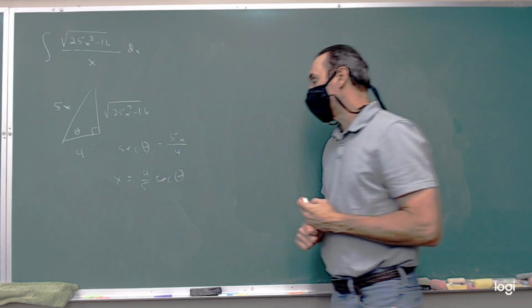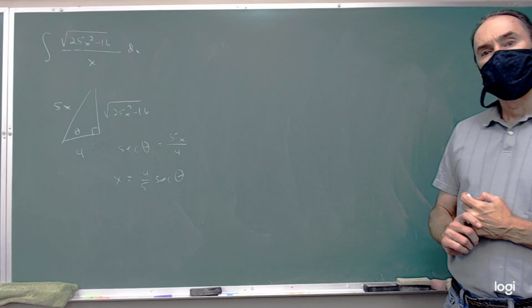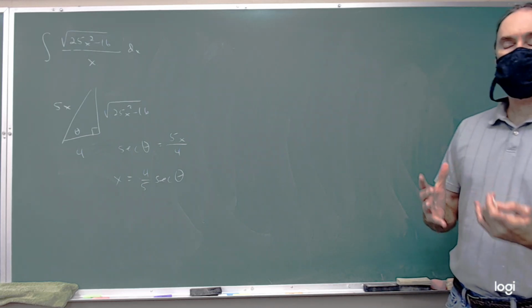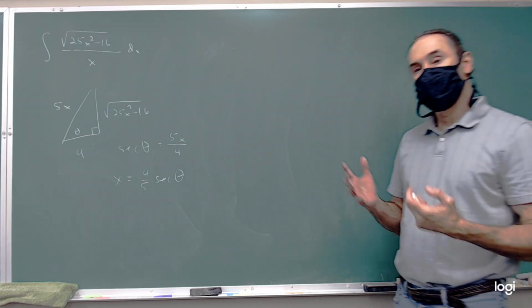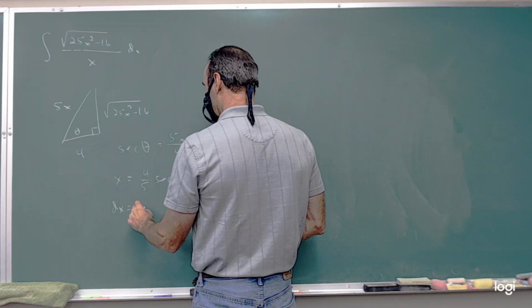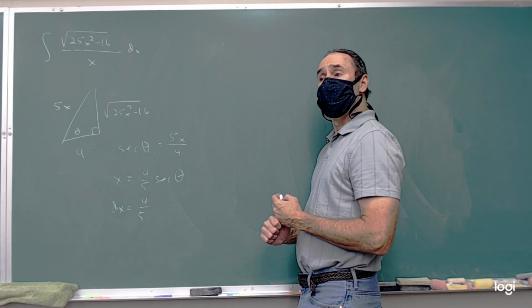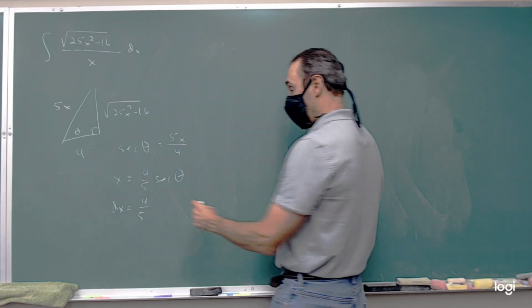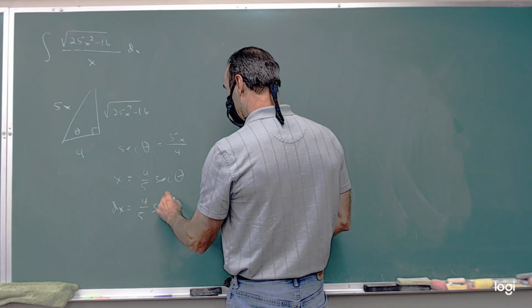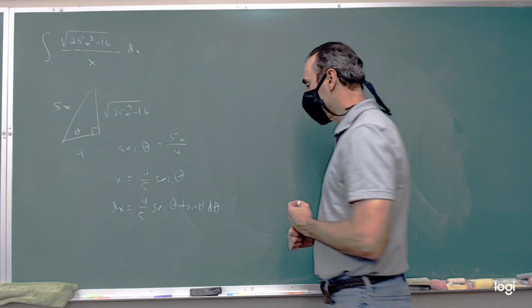And that's going to make that be 4/5 secant theta. We need an expression for dx. So we'll differentiate. So dx is going to be 4/5 secant theta, tangent theta, and we'll put the d theta there.